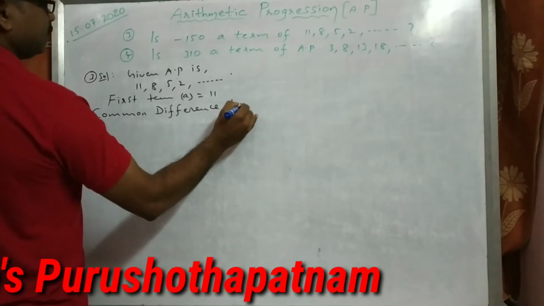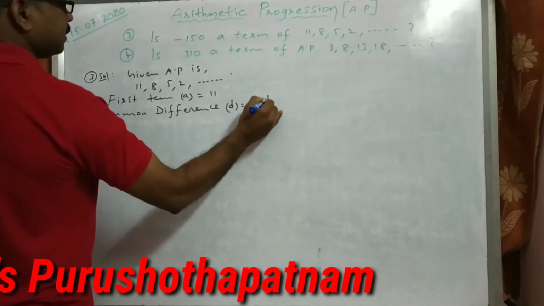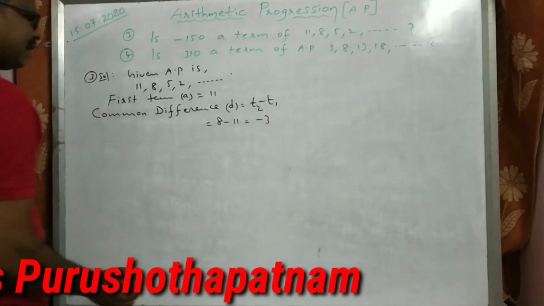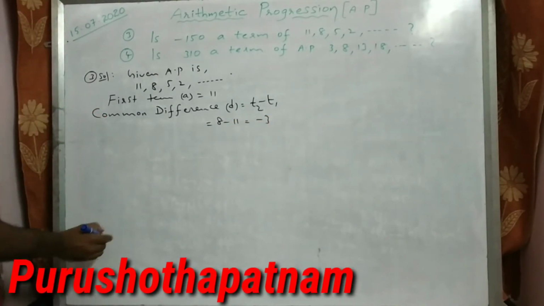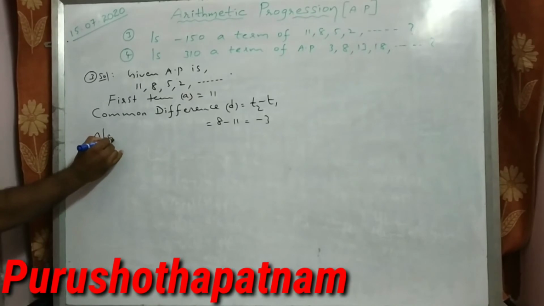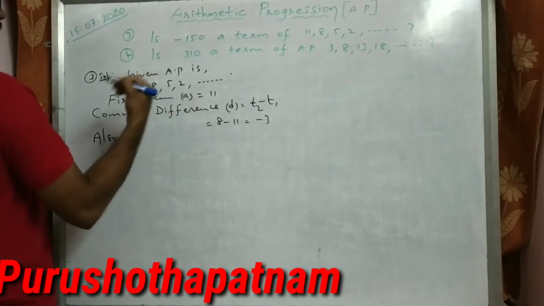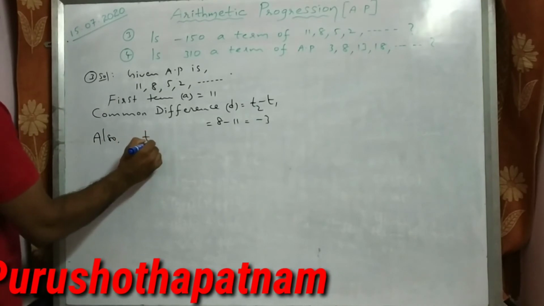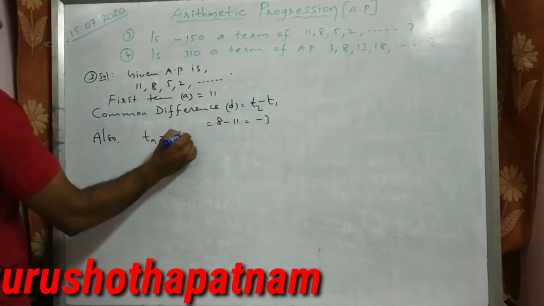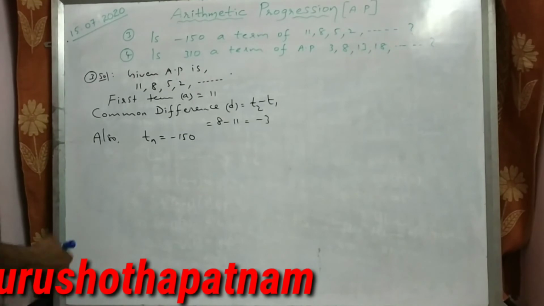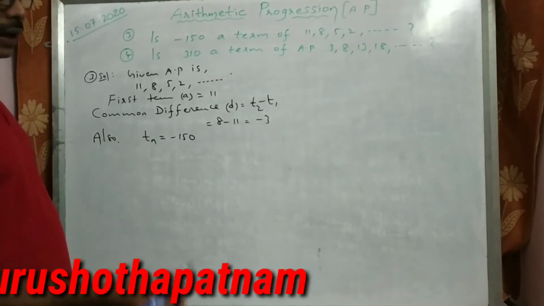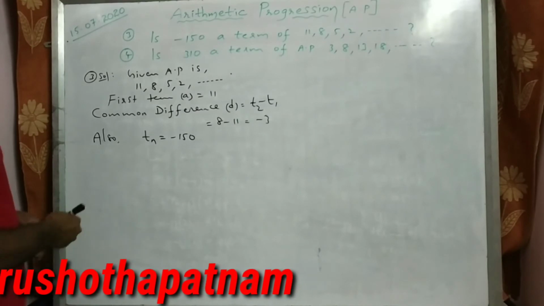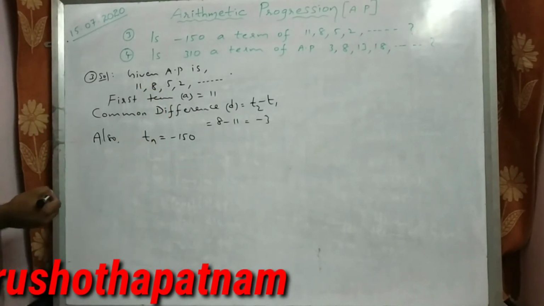D equal to T2 minus T1, 8 minus 11, so minus 3. Also, what is given here? Minus 150, a term of the AP. Let us take it as the nth term. Whenever it is asked like that, consider it as the nth term or last term or general term. Tn equal to minus 150.